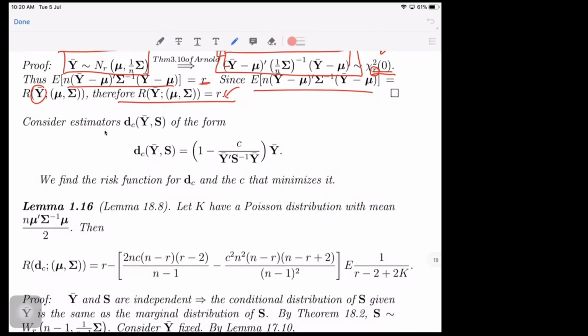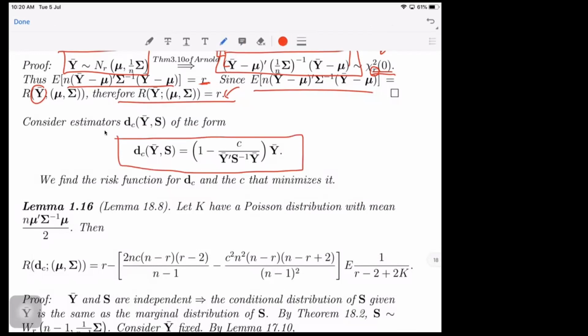So the estimator now, if you look at this, can you recall what our estimator was in the univariate case? Our DC there was just 1 minus C sigma squared over the square norm of mu hat, no? Are you still following? So here it is C, but sigma squared is at the bottom.